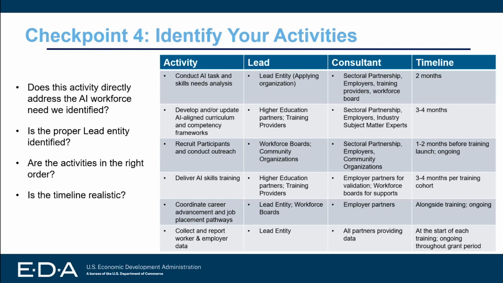So you want to first outline the activities that are needed to address the workforce need that you've proposed. And you can ask yourself, did we list all of the activities? Are we including all of the activities that sufficiently address that workforce need? Have we identified the proper lead entity that is able to carry out that activity? And are they consulting with the right organizations to help shape that activity and the information needed?